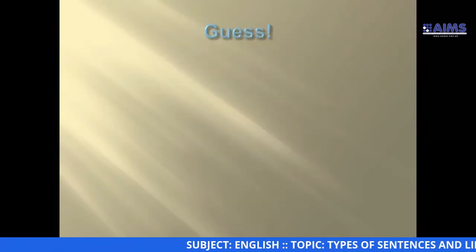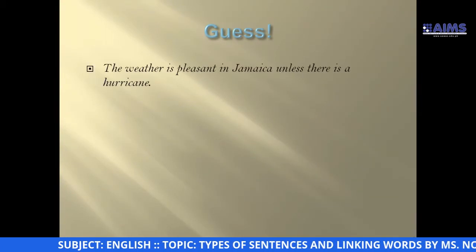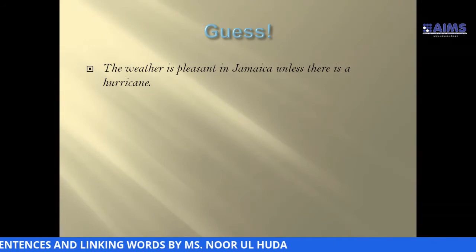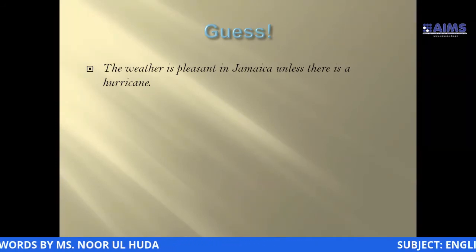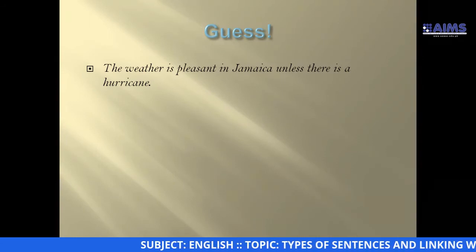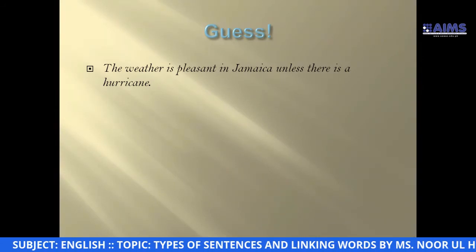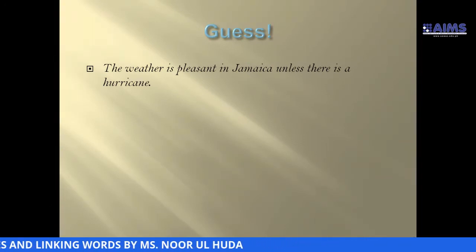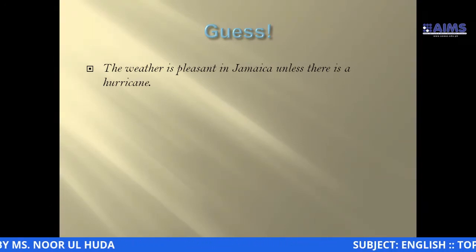Okay, now you need to guess what type of sentence it is. The first sentence is: the weather is pleasant in Jamaica unless there is a hurricane. Can you identify what kind of sentence this is? Is it a simple, compound, or complex sentence?